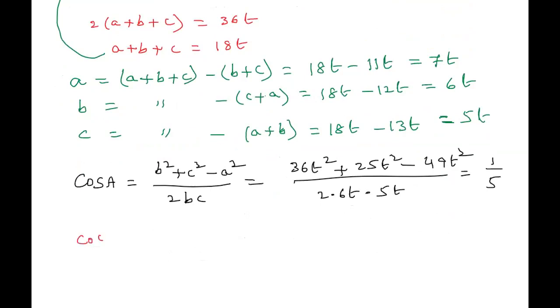Now cos B, what is the formula? Here A is set, so the negative value is A; B is set, so the negative value is B. The remaining terms are positive. After B, what will come?